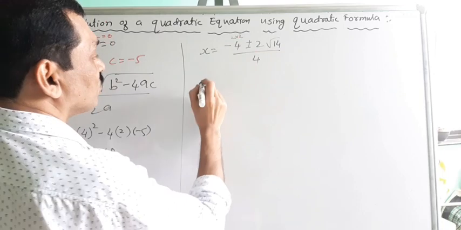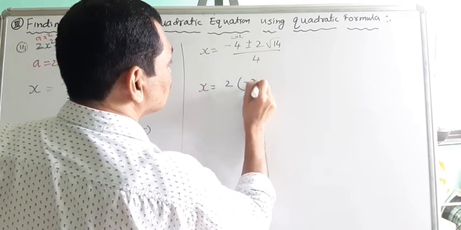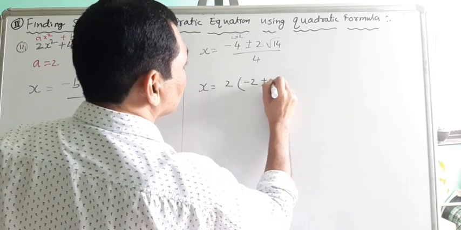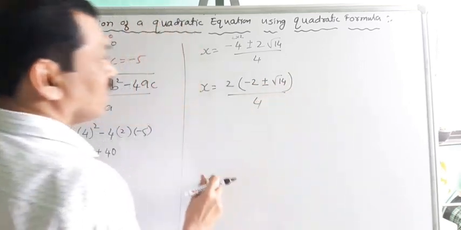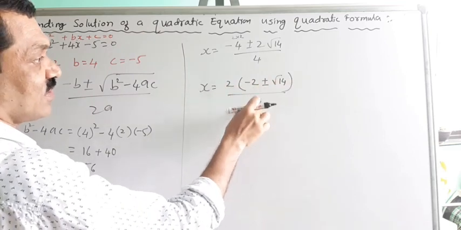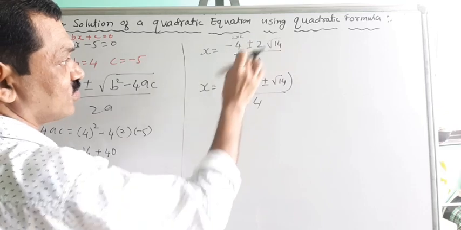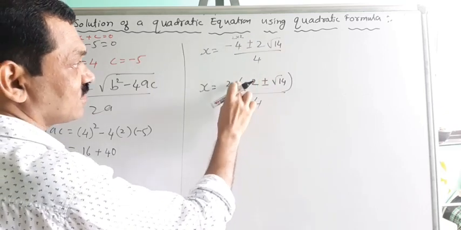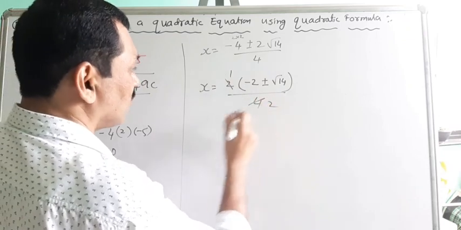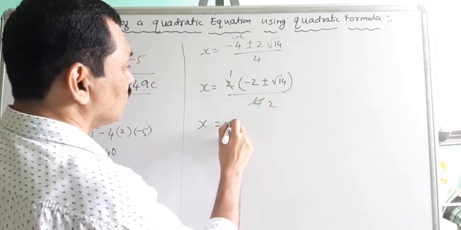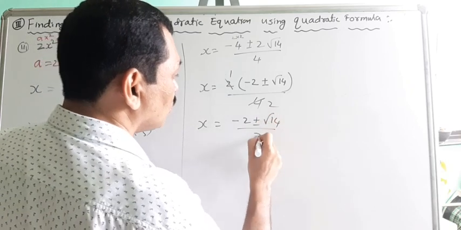So 2 is common, so I'll take 2 common: 2 into minus 2 plus or minus root of 14 upon 4. Since this is multiplication, we can cancel. Here we cannot cancel the 4 and 4 separately because there are two terms. Once we make it factors, this is a product, so we can cancel it. 2 1s are 2, 2 2s are 4. Therefore x is equal to minus 2 plus or minus root of 14 upon 2.